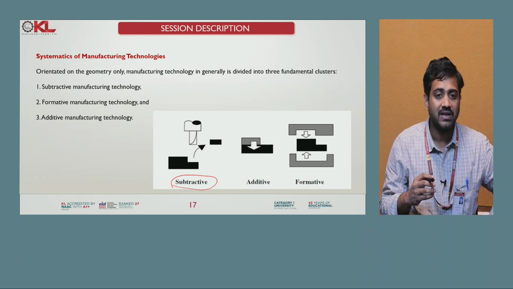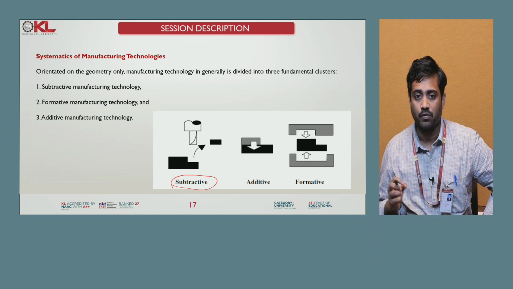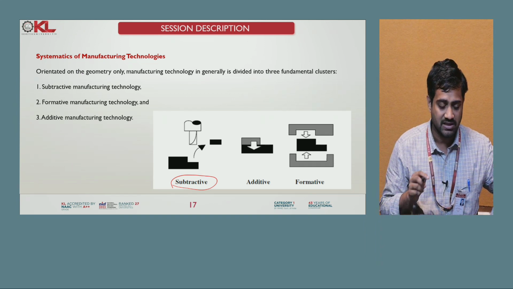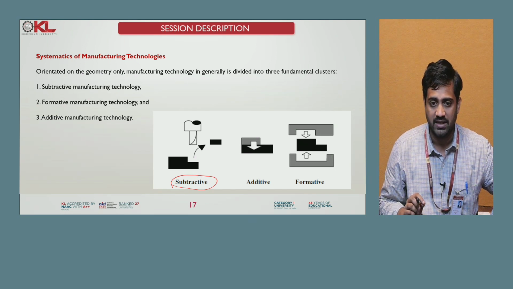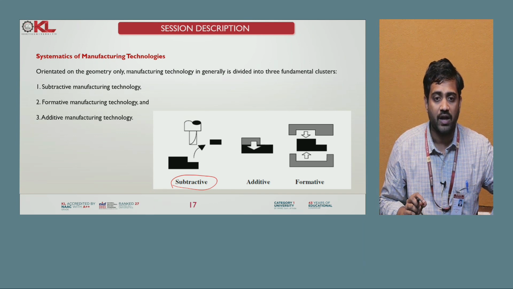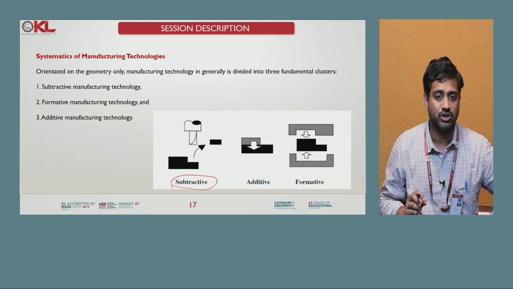We are removing the excess material, which means we are subtracting material from the original one. That's why this technology is called subtractive manufacturing technology. In this process, the desired object is produced after removing or subtracting the unwanted portions.